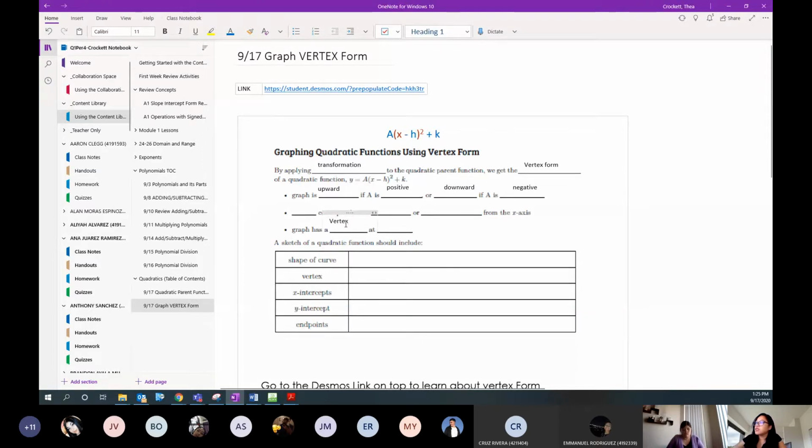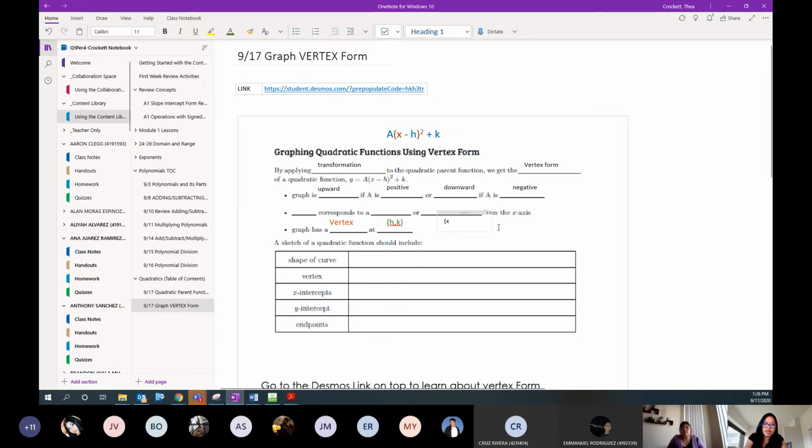So the vertex is the main thing here. And it's gonna be at H comma K. Okay.